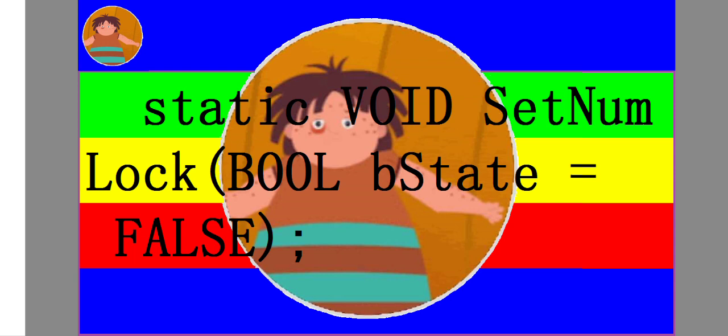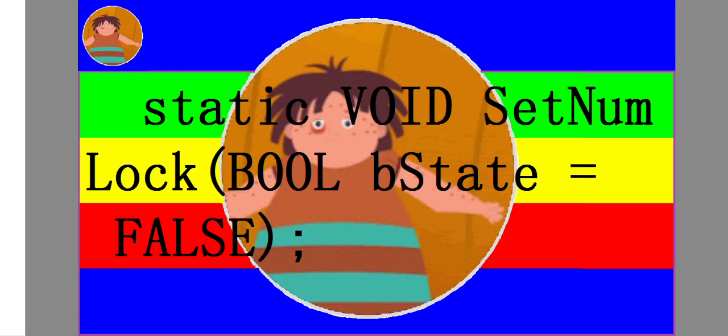Pay attention. Static word SetNumLock, bool bState equals false. Equal false is added.